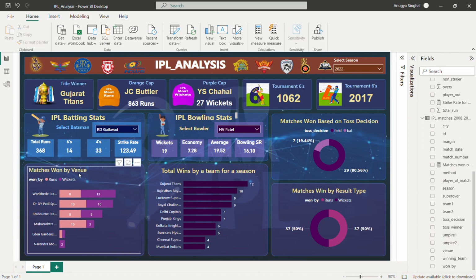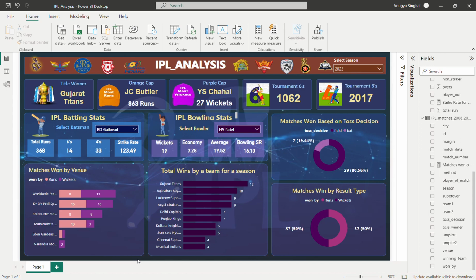And the second chart is matches won by venue. There are so many stadiums we have in India, and all the IPL matches are played in different venues in India itself. So we can say that some stadiums are larger in length and some are lower in length.